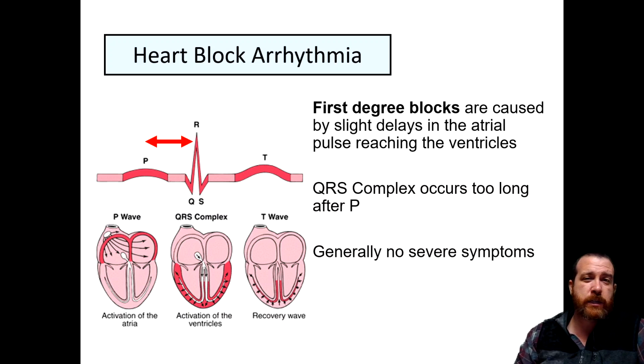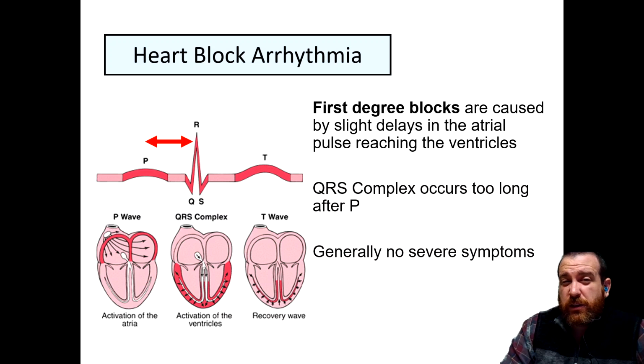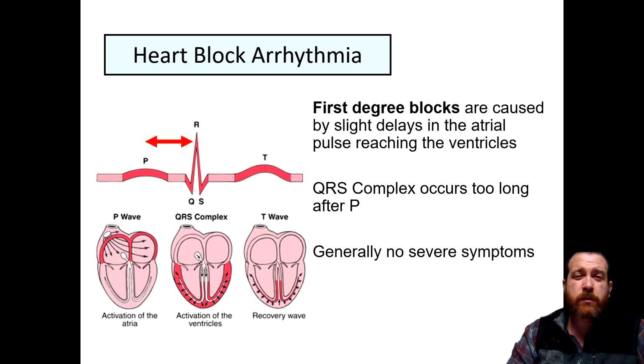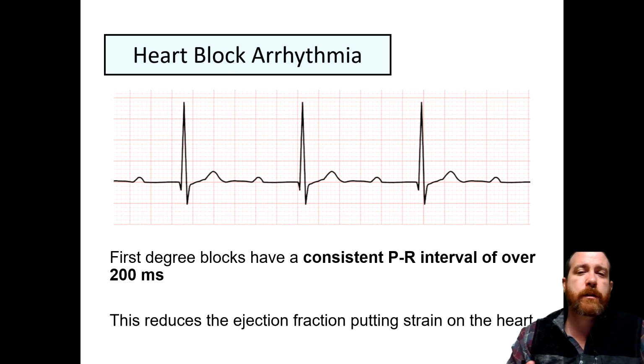Unless you've had an EKG done, you wouldn't really know in most cases. There's no significant alteration unless we're talking about a really long delay. We find these when we see that the P wave is way too far away from the R wave. A consistent PR interval of over 200 milliseconds tells us that something's gone wrong.